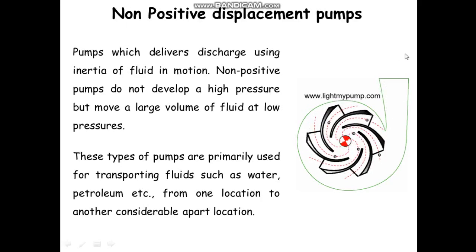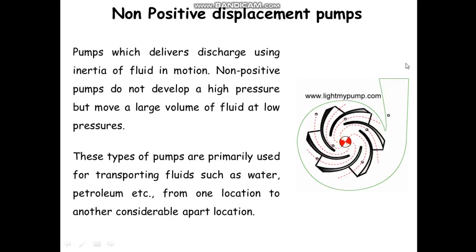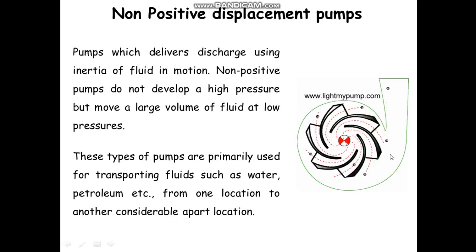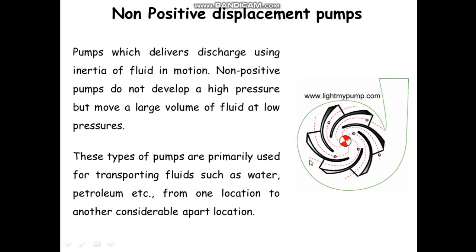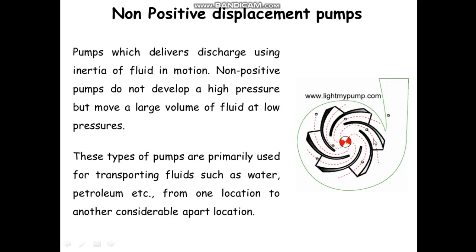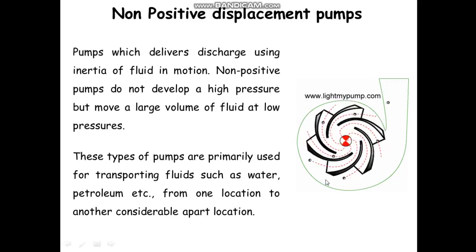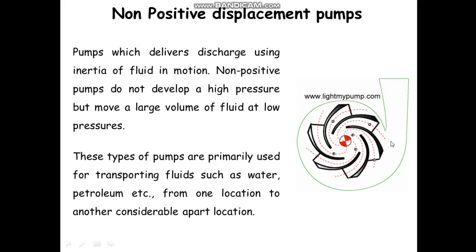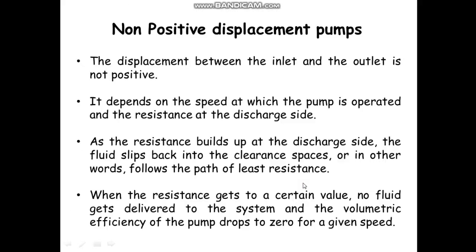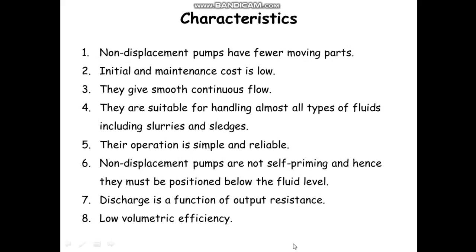Priming is nothing but adding liquid from the outlet of the pump externally, which will make the complete pump filled with liquid. Once the gap between rotating part and casing is filled with liquid, pumping action automatically starts. That is why they are not self-priming, whereas positive displacement pumps are considered self-priming pumps.